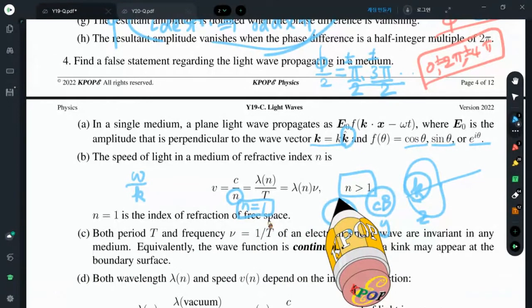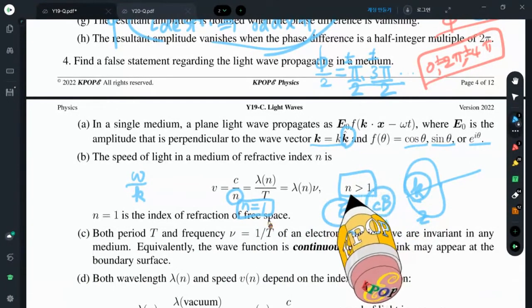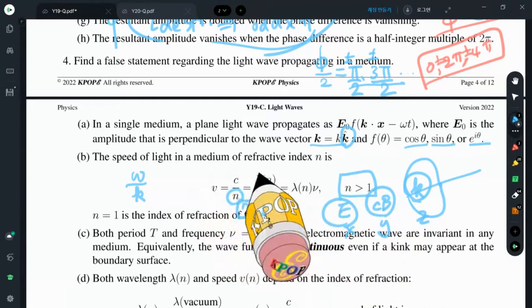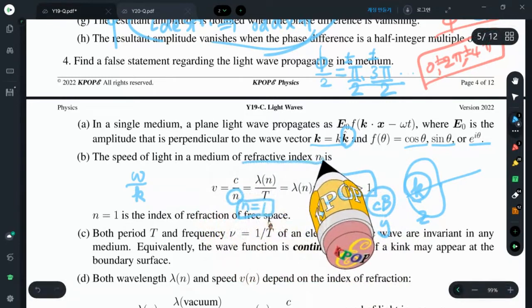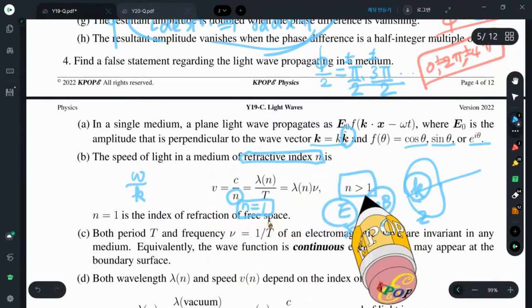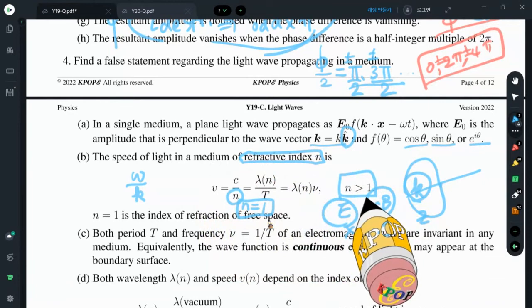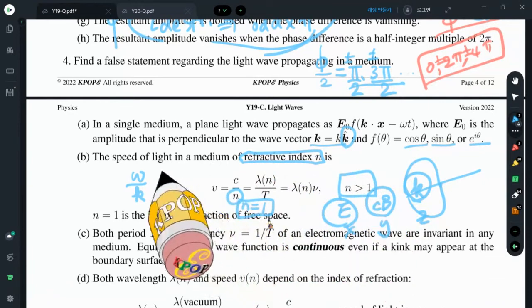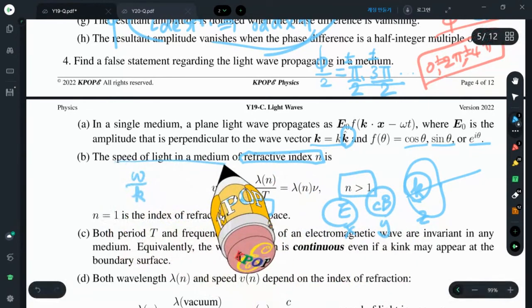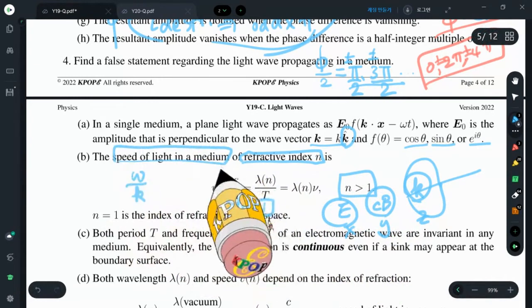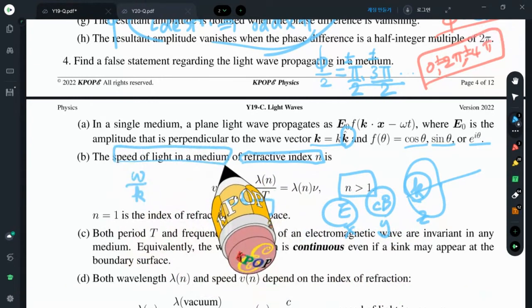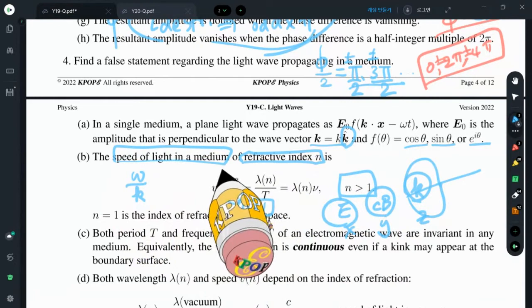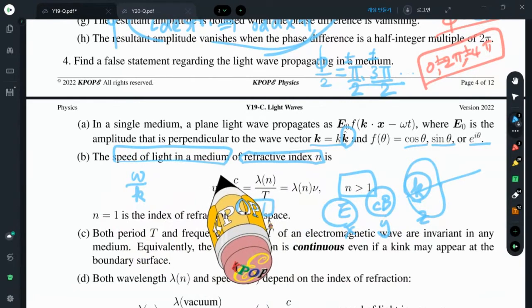For example, water or glass has a refractive index n greater than 1. The speed of light in a medium is smaller than the speed of light in vacuum.